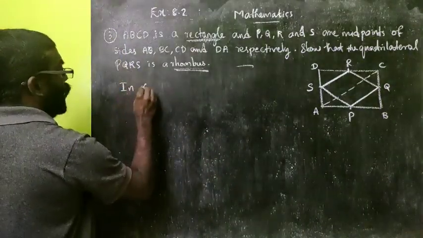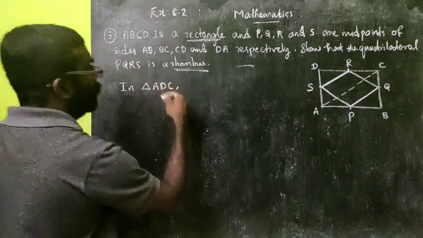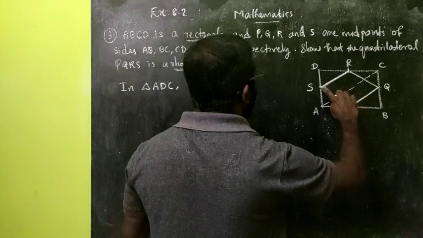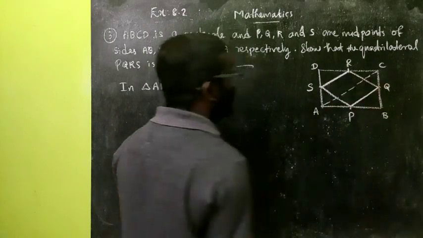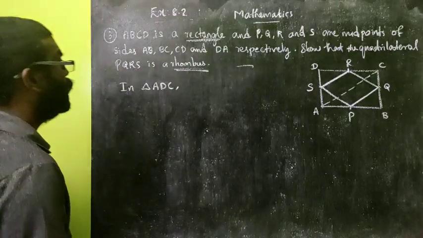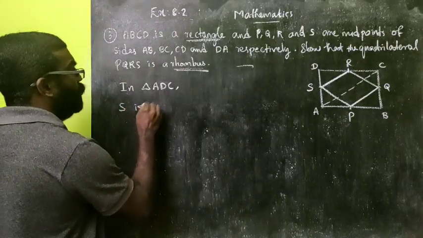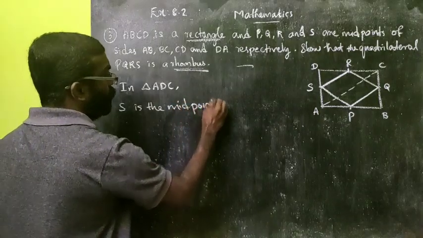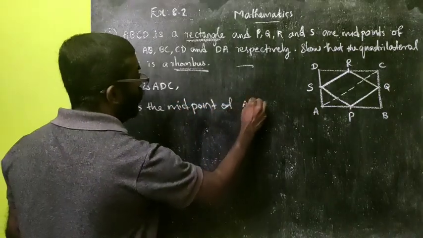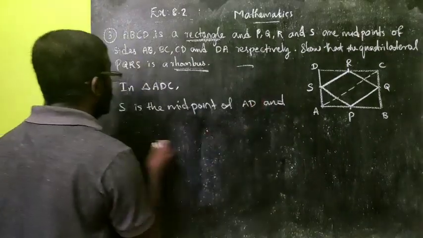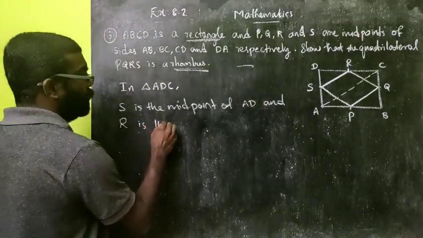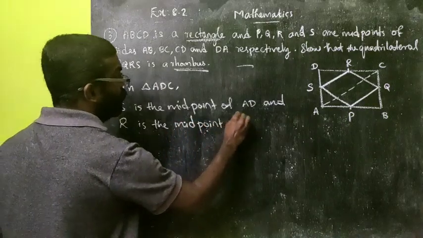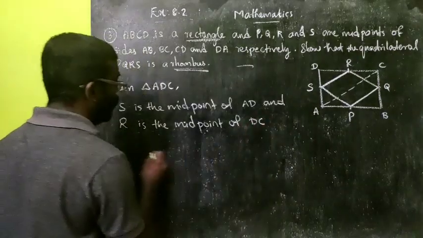So in triangle ADC, S is the midpoint of AD and R is the midpoint of DC. So we can write SR parallel to AC and SR equal to half AC. Okay, so S is the midpoint of AD and R is the midpoint of DC.